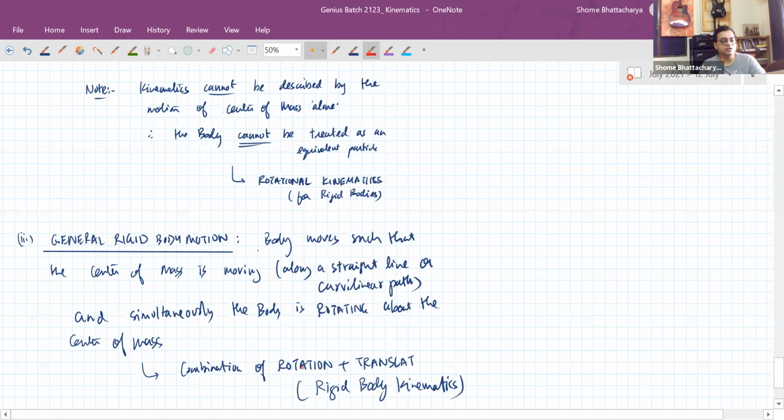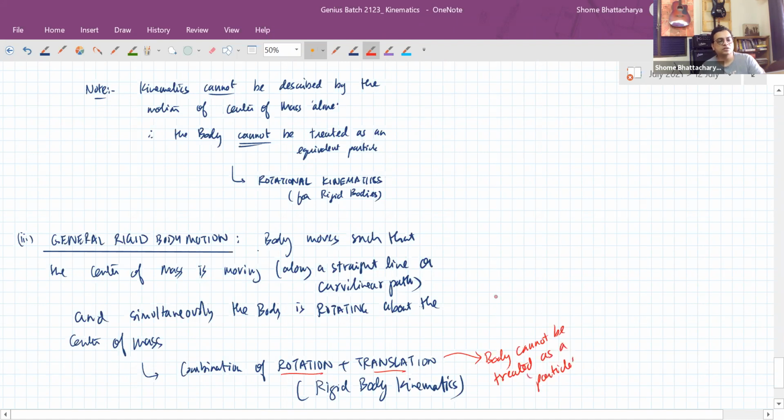Because it's a combination of rotation and translation, we cannot treat it as a particle.